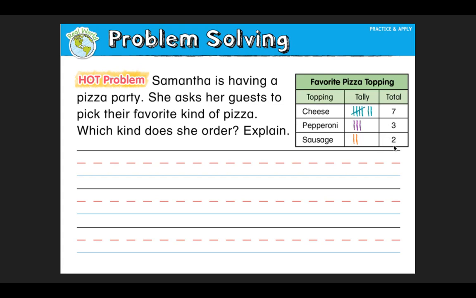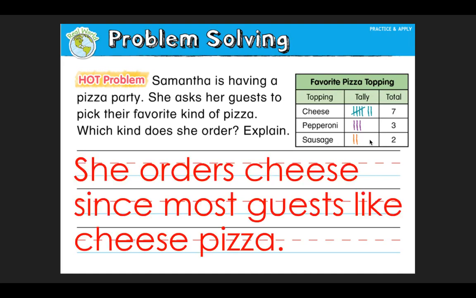Well, which topping do you think she orders based on the data she collected? To solve this problem, I want you to think about which topping had the most votes or which topping had the most tallies. Pause the video and answer the question, and then play the video to see my answer. I said she orders cheese since most guests like cheese pizza.